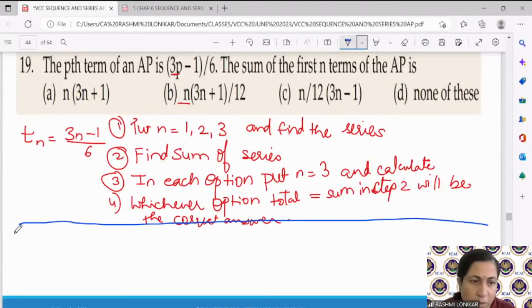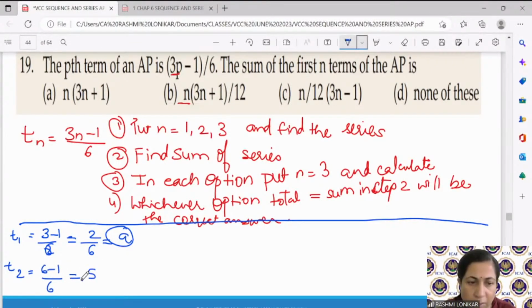I can also give you this option if you are comfortable. If I put here T1, what will it be? (3 minus 1) upon 6, which is equal to 2 by 6. This is equal to A, right? Then T2 I found as (6 minus 1) upon 6, which is 5 by 6.